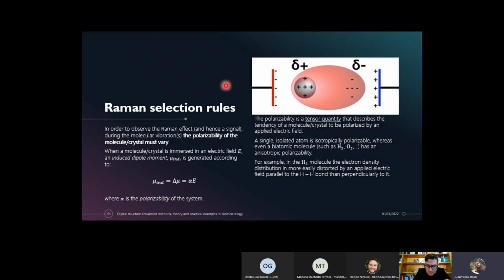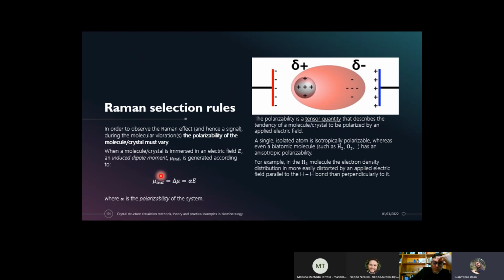Polarizability is a tensor quantity, so it depends on the direction in which you excite your sample with your monochromatic light. So we can again see a correlation with the crystal systems. It describes the tendency to be polarized by an electric field. Remember, an electromagnetic wave has a component that is an oscillating electric field. So this is the relation.